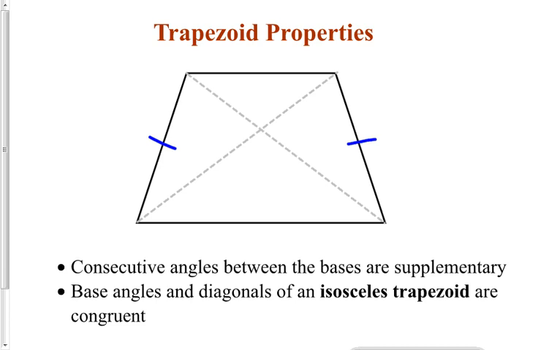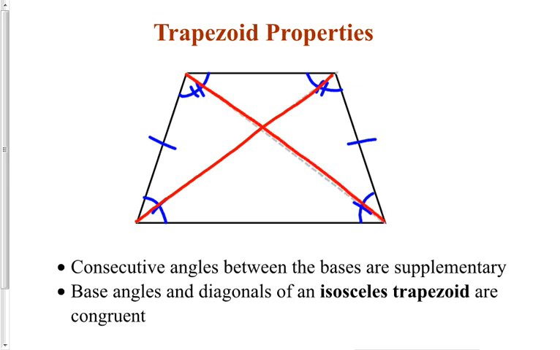So we know base angles, that angle would be congruent to that angle. That angle would be congruent to that angle. And our diagonals would be congruent to one another. So this diagonal would be congruent to this diagonal. Again, I encourage you to not just write down these properties, but to also draw a diagram and label it.